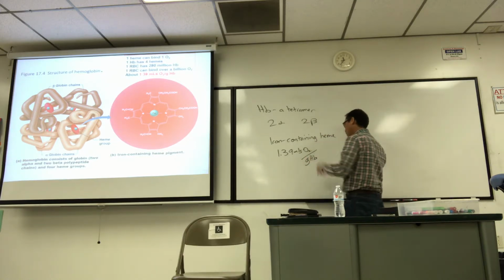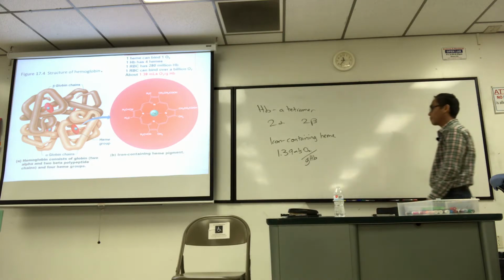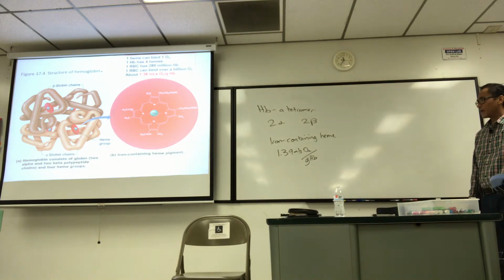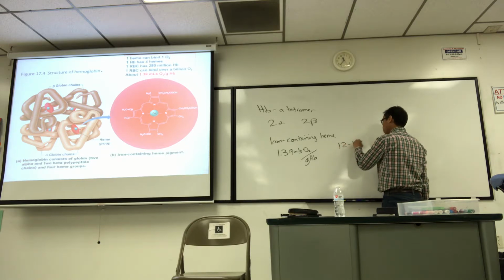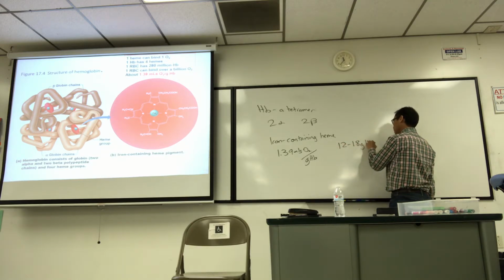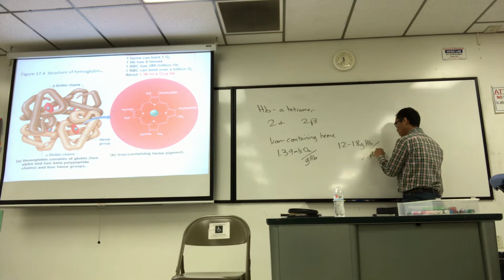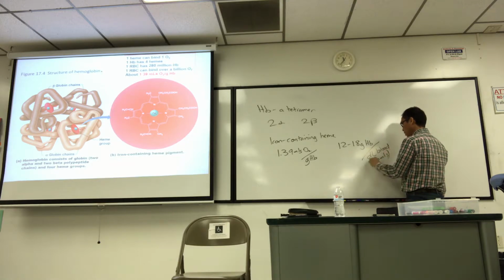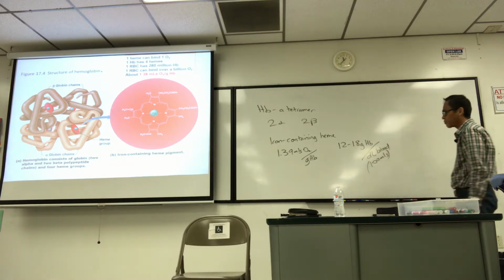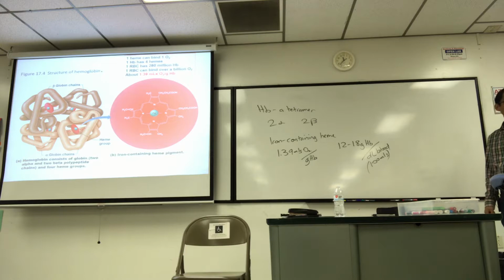Great, so that's how much per gram of hemoglobin you can carry. And the average person may have 12 to 18 grams hemoglobin per deciliter of blood. A deciliter is 100 mLs of blood, right? So anyways, that's an average concentration that can be measured.